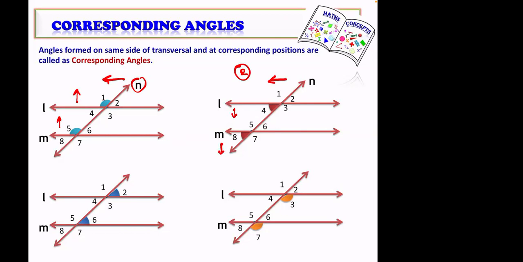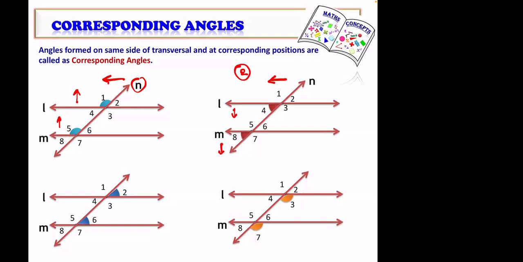So angle 1 and 5 are corresponding angles. Angle 4 and 8 are also corresponding angles. Similarly, we have two more pairs of corresponding angles.